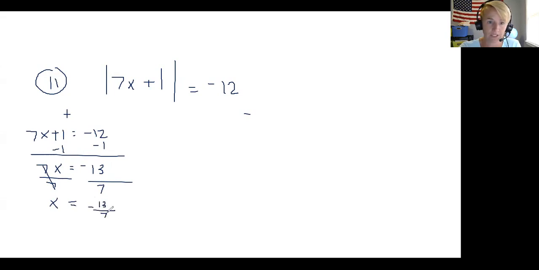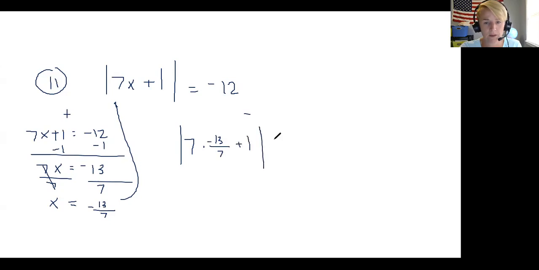Okay, so I need to check it and see if this works. I'm going to put negative 13 sevenths in for this x. 7 times a negative 13 sevenths plus 1 equals a negative 12. If you remember, I have to do my multiplication before my addition. So this is like saying 7 over 1, and that's going to cancel and cancel.